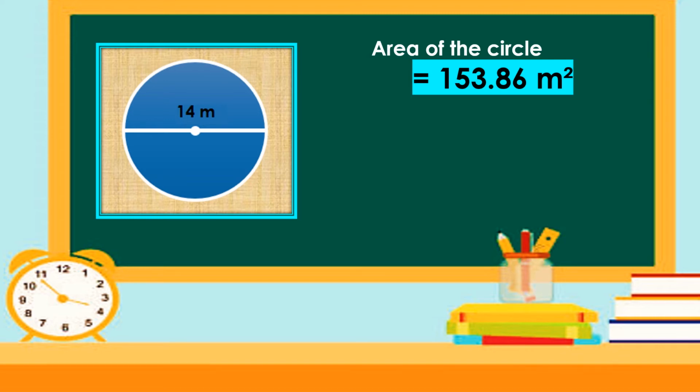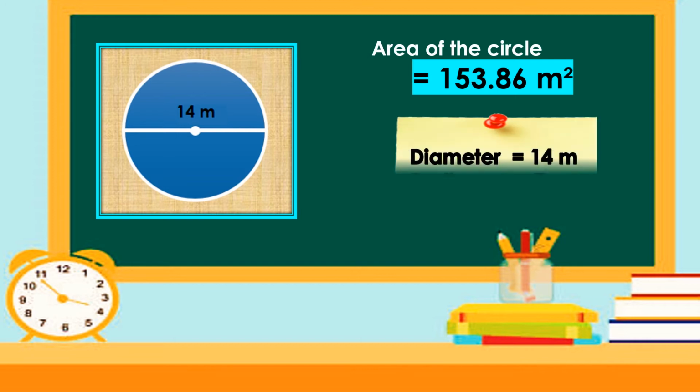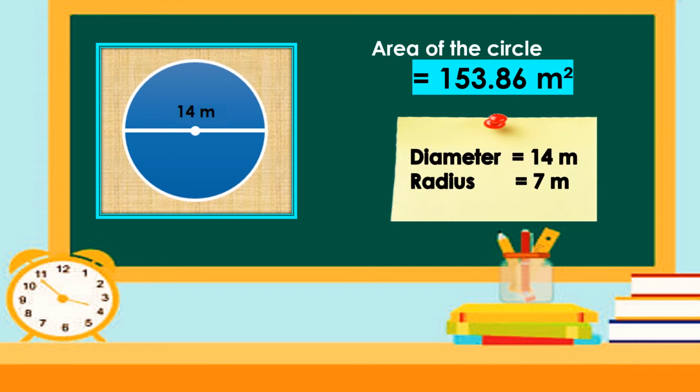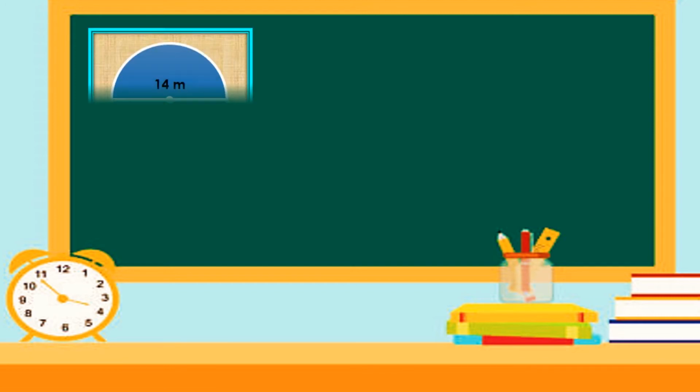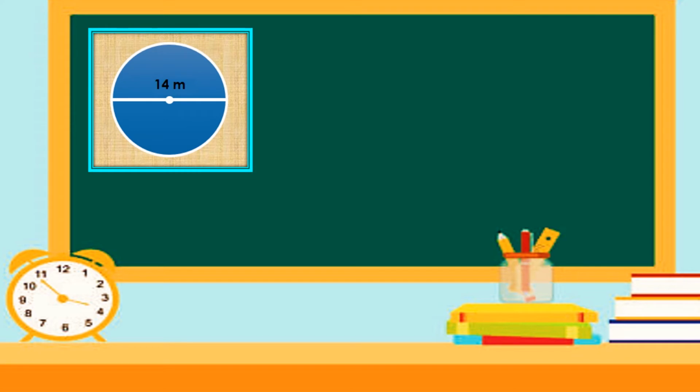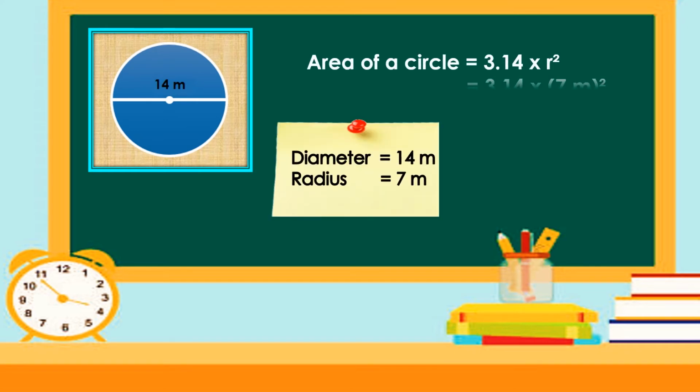Some of you may have answered over 600 square meters. Be careful. The formula requires the measure of the radius. 14 meters is the diameter of the circle. Since radius is half the diameter, it is 7 meters.